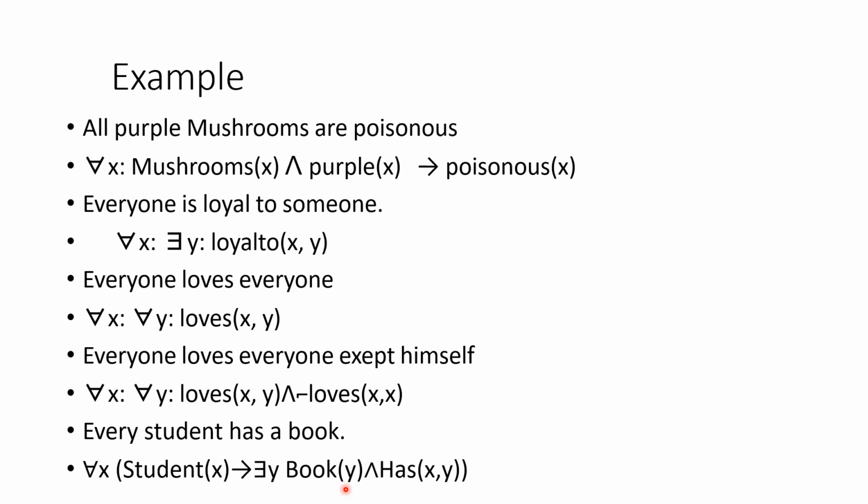So it is written for some y. It has a book, right? Not all books, it has a book. So some y, book y, then has x comma y. So if x is a student and y is a book, any book, then that means x has y.